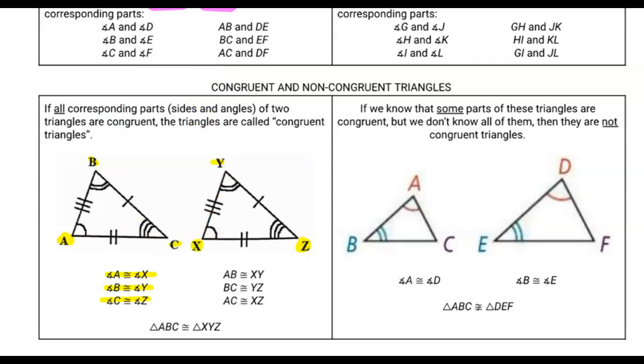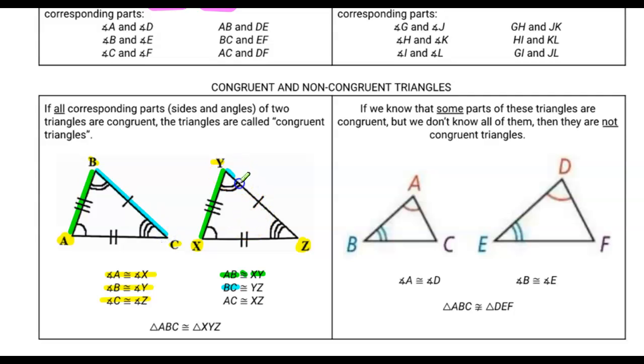And also we can say that the corresponding sides are congruent. For example, AB, which is this side here, has 3 hash marks. And XY, which is this side here, also has 3 hash marks. So these corresponding parts are congruent to each other. That's where this little symbol comes from. That symbol means congruent. And then BC, which is this side here, has 1 hash mark.